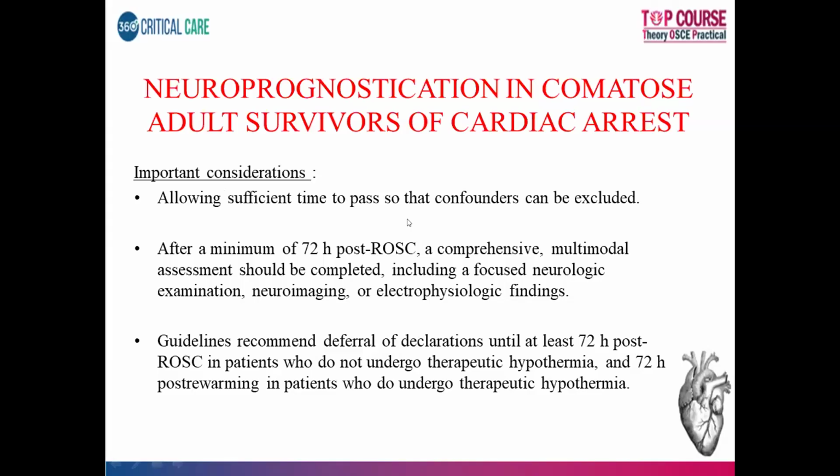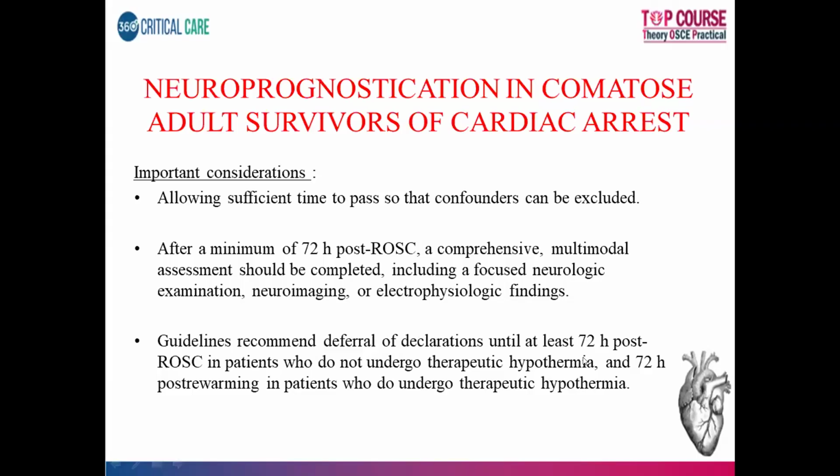Then do your prognostication. Whatever tests you want, you have to do them 72 hours after cardiac arrest. Okay. And suppose the patient is on therapeutic hypothermia, you have to rewarm the patient. Post rewarming, you have to wait 72 hours and then do the prognostication.